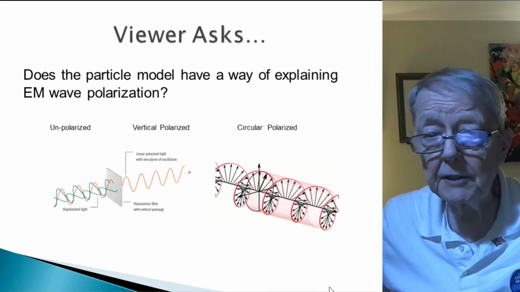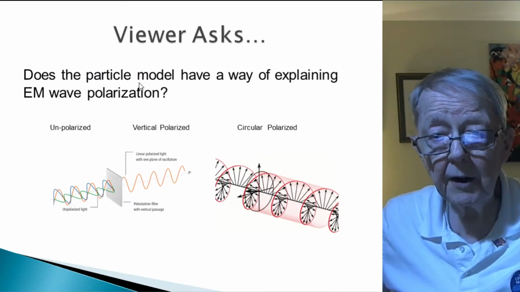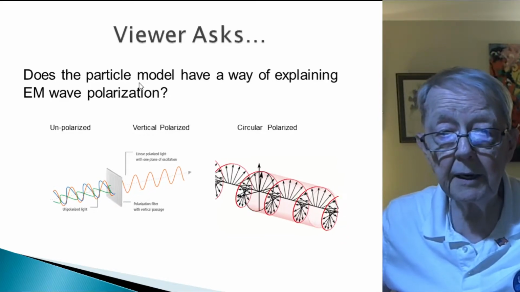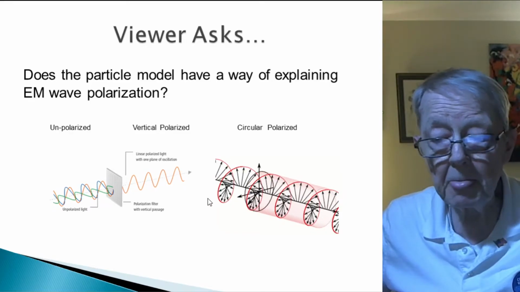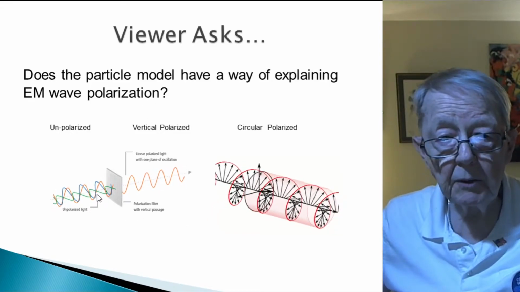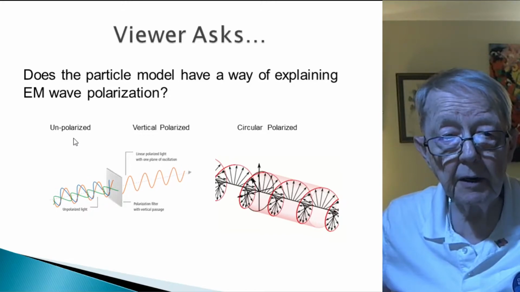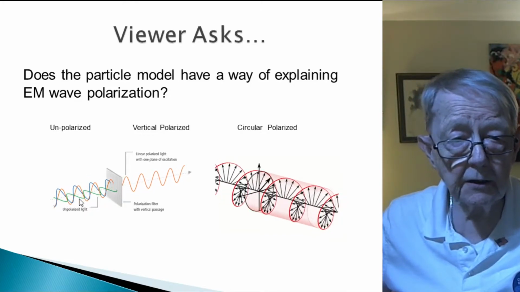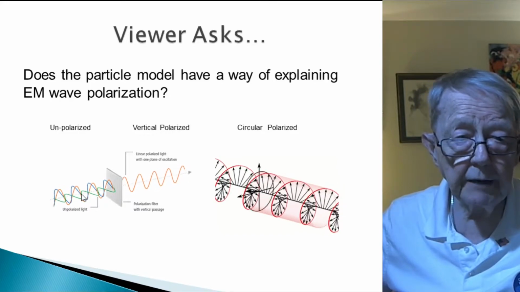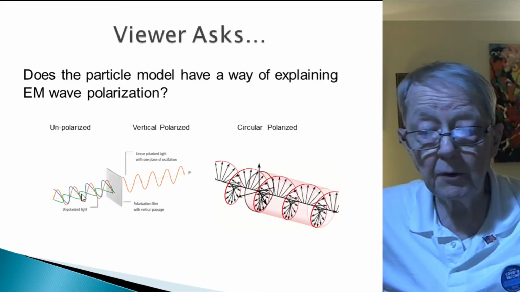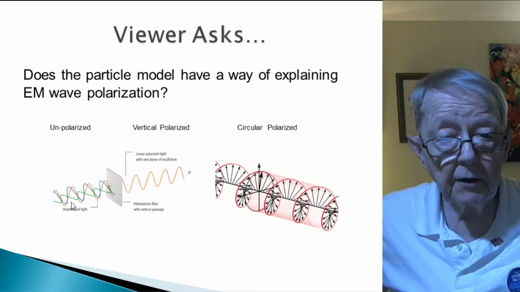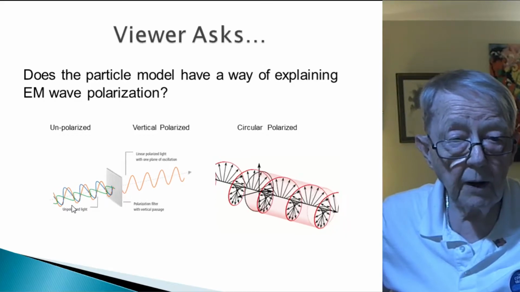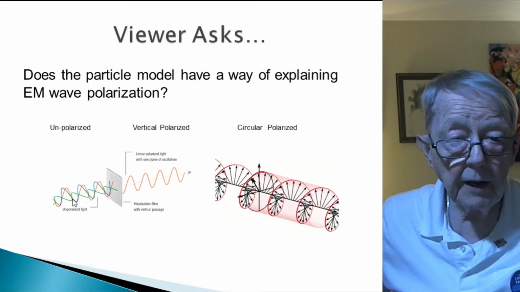Well, the viewer asked originally, does the particle model have a way of explaining the electromagnetic wave polarization? And that's partially what I covered last time. Here is unpolarized light. And there's three different waves here. Actually, there's many different waves. But in particular, there's a horizontal green one, a vertical red one, and another one at an angle.